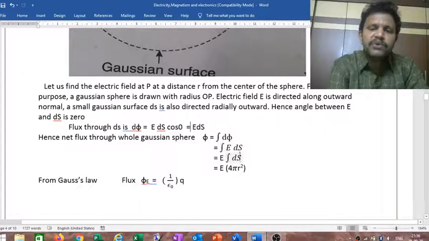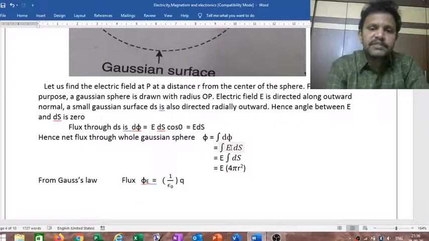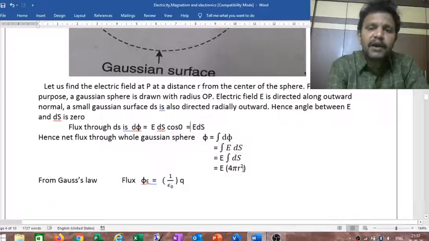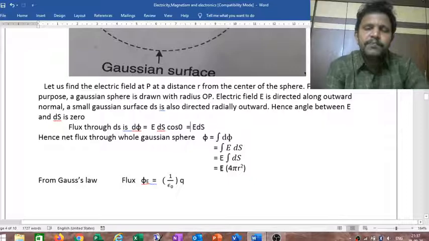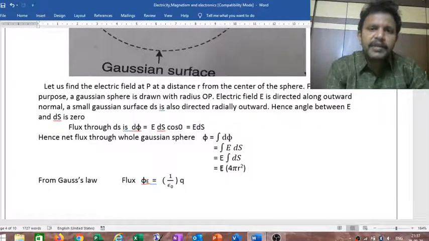Here integral ds is the surface area of the entire Gaussian surface, which is equal to 4 pi r square. Therefore, we get phi is equal to E into 4 pi r square. From Gauss law, this flux is equal to Q by epsilon naught.